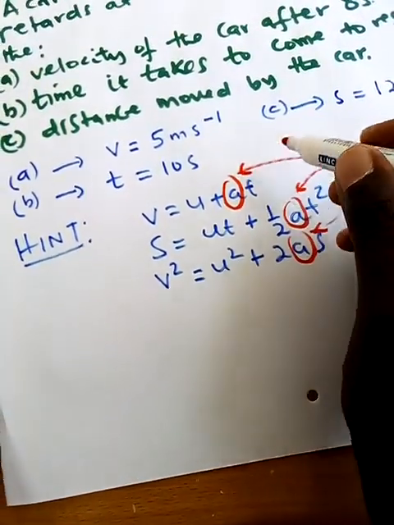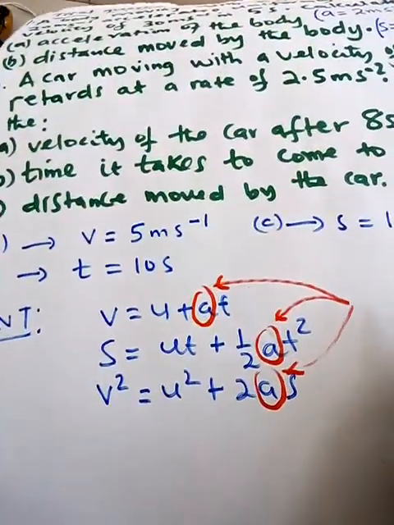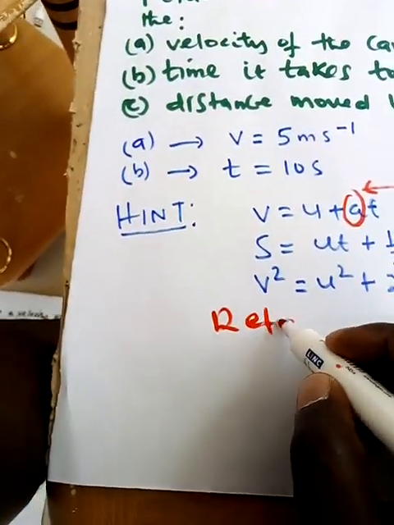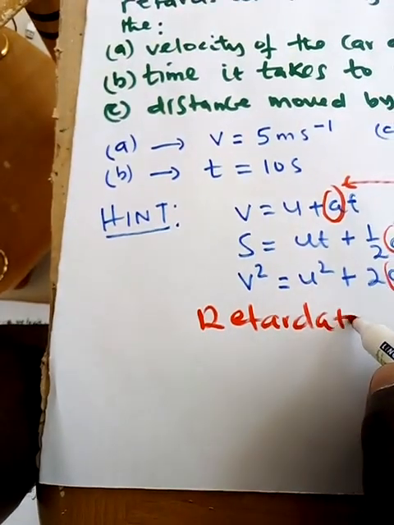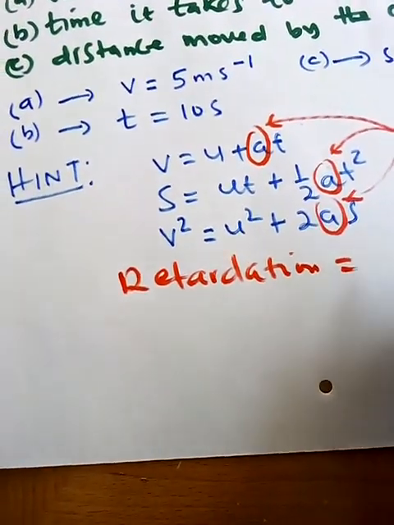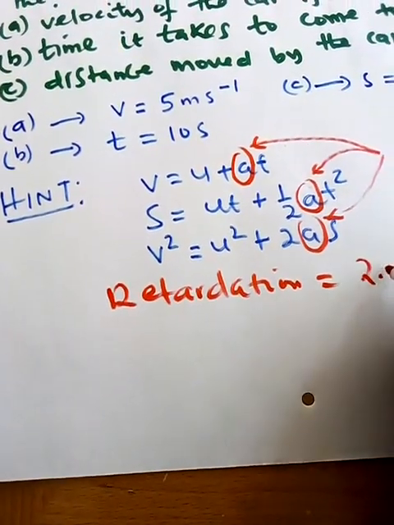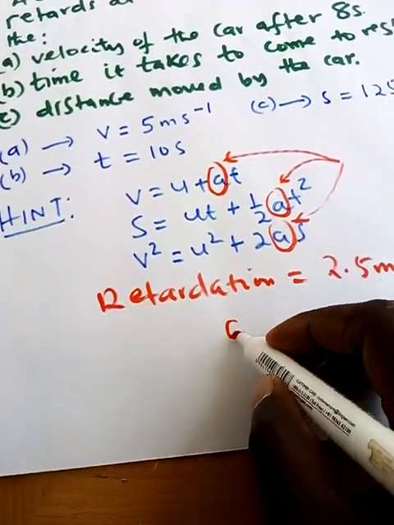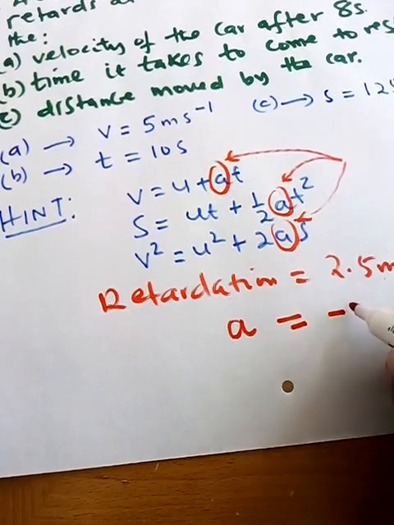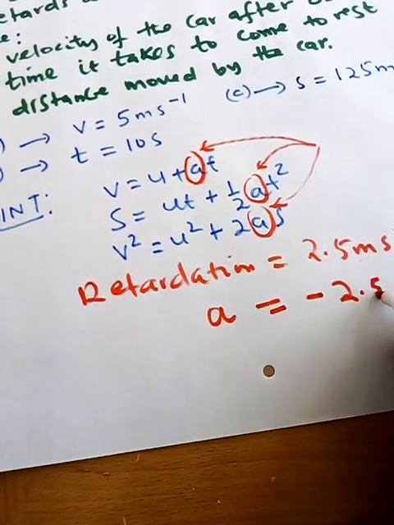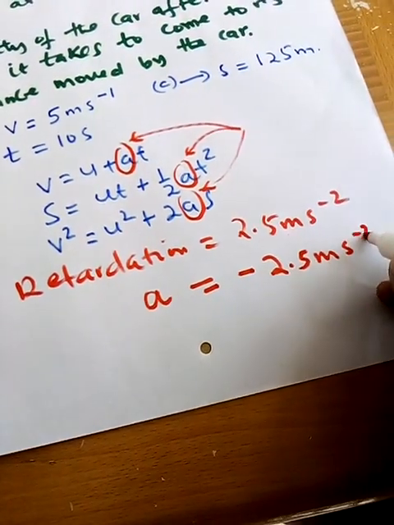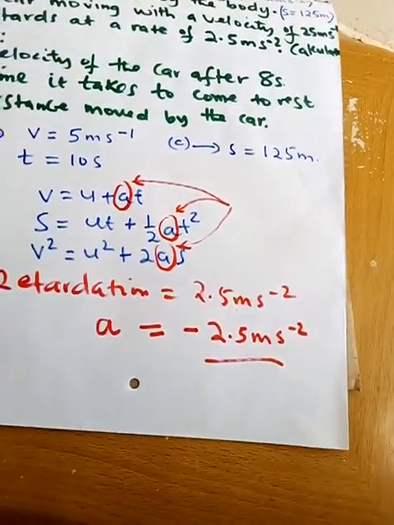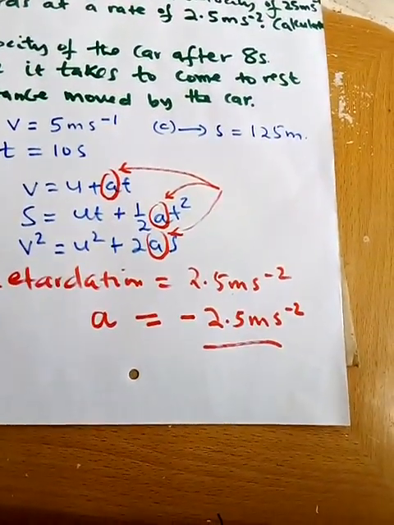Now, what they gave you is not acceleration. They gave you what you call retardation or deceleration. Retardation was given to you as 2.5 meters per second squared. In this case, acceleration will be negative 2.5 meters per second squared, because remember we said retardation is negative acceleration.